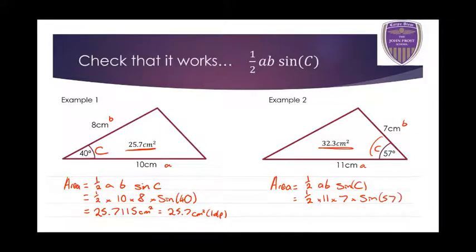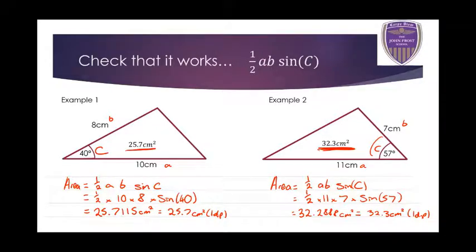If you typed all that into your calculator, you would get 32.2888 to 4 decimal places, and rounded to 1 decimal place, 32.3 centimeters squared. And hey, check that out. That's the same as our answer from doing it the long way.